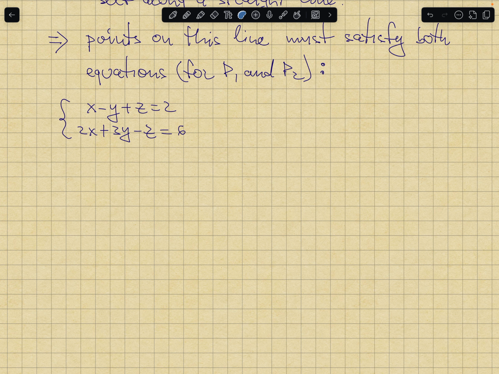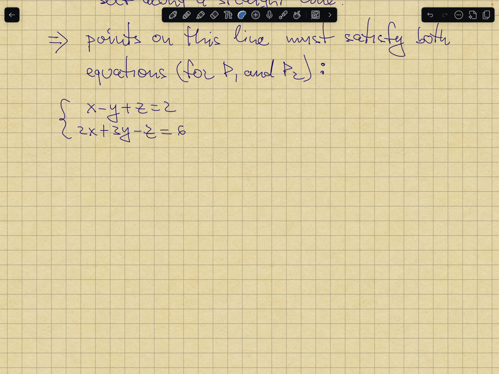So I should be able to prescribe one of these variables in any way I wish, and then determine the other two. So the standard thing to do, for instance, is to, well, actually, let me do this.